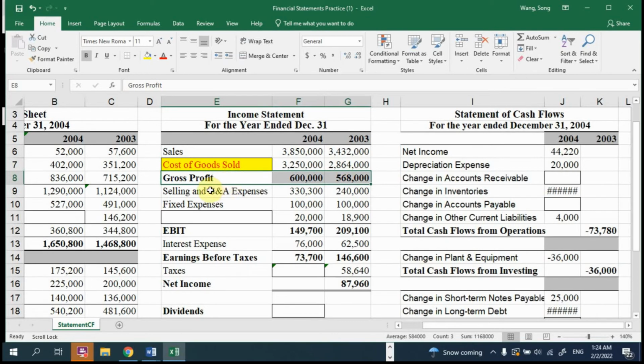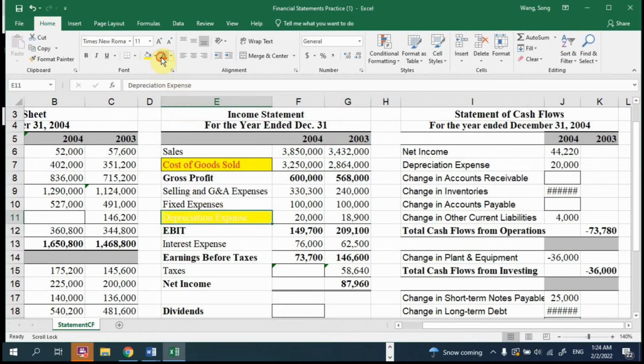After that is done, we need to deduct all these fixed expenses, including SG&A expenses and all other fixed expenses. And what else do we need to subtract? After the subtraction, we will get EBIT, earnings before interest and taxes. You should know that this one is an accounting item, not a cash item.